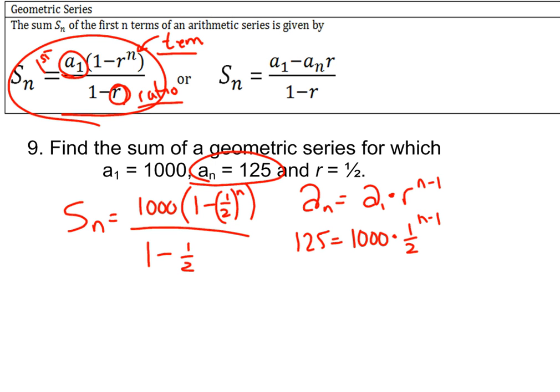I can figure out what n is. So if I divide by 1,000, 125 divided by 1,000 is 1/8.